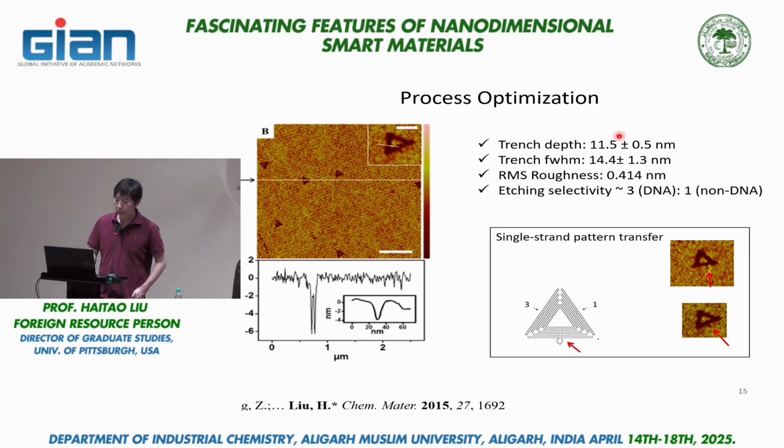We are able to get around 10 nanometer, 15 nanometer lateral resolution, and we can make pretty deep trenches up to 11, and later we can push this to even 20 to 30 nanometers deep. And the etching selectivity is at least 3 to 1, so the presence of DNA would enhance the etching rate by a factor of 3.